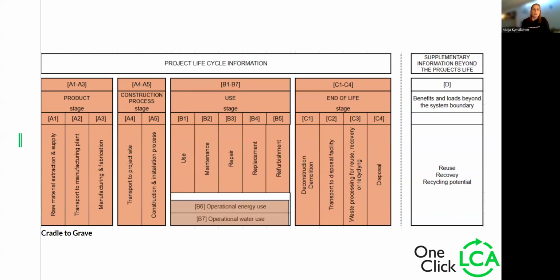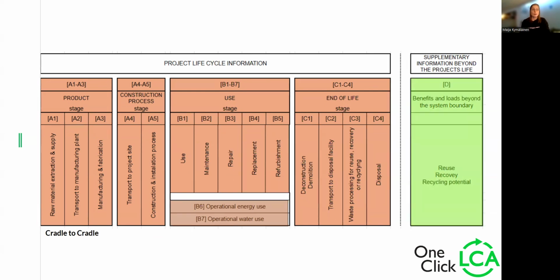When we also consider the end of life impacts and include the operational part, we have the cradle to grave assessment. So this is usually the most typical approach for building LCA. But if we include building module D, we have the cradle-to-cradle approach, and this is also, as mentioned, where the circularity comes in.